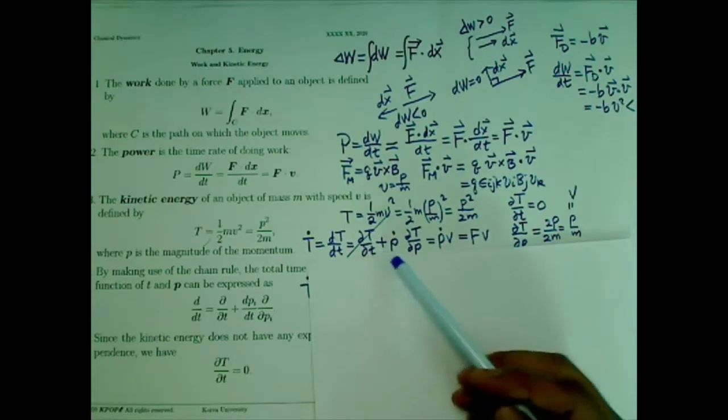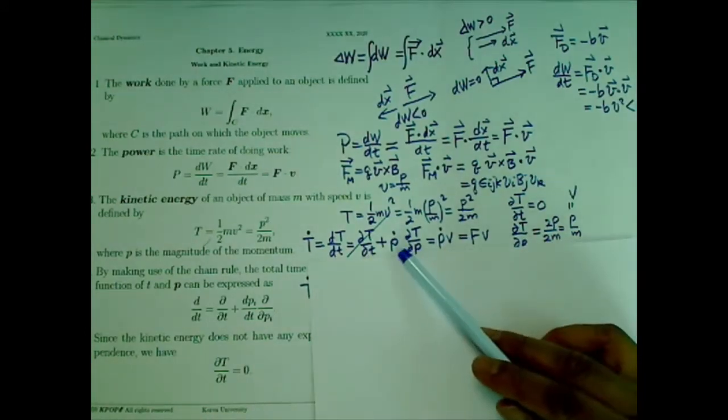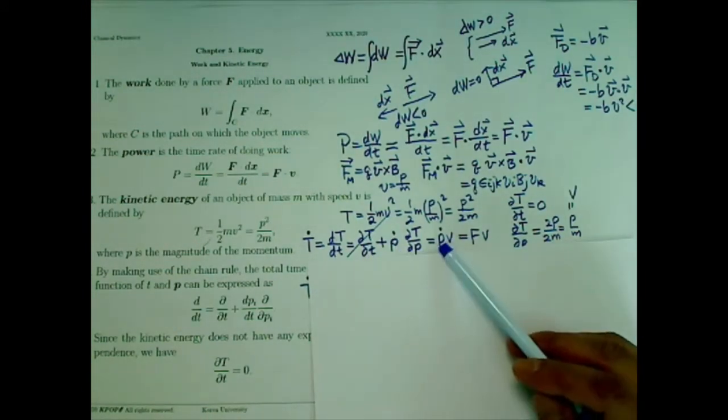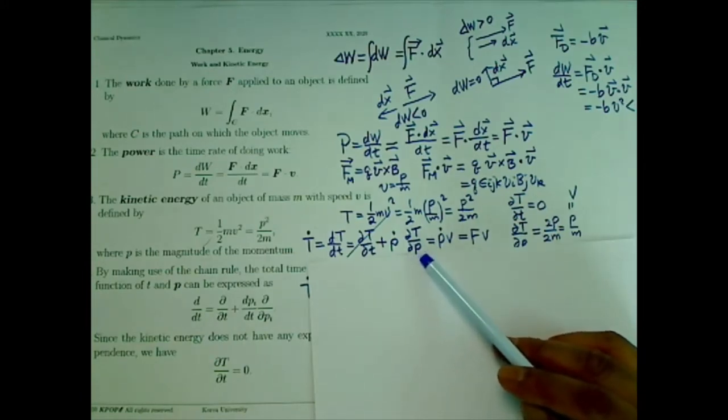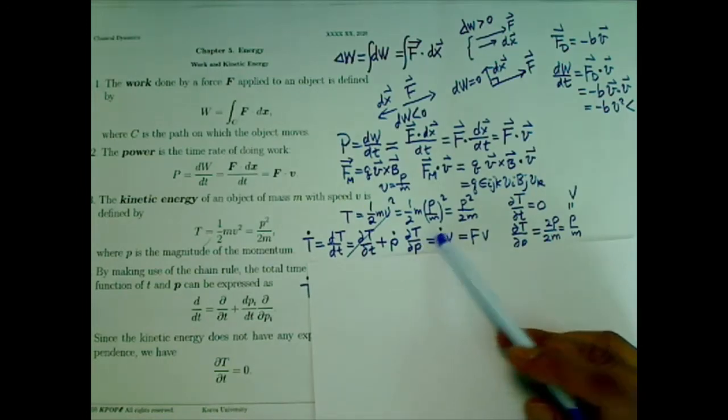And this first one vanishes. The time derivative of p is actually force. And what is the partial momentum derivative of T?